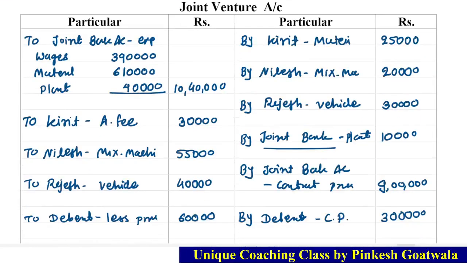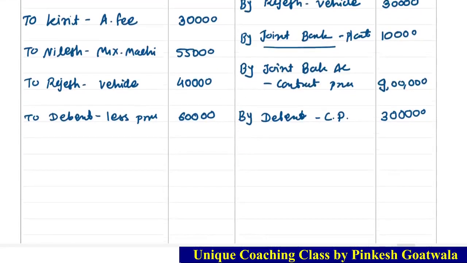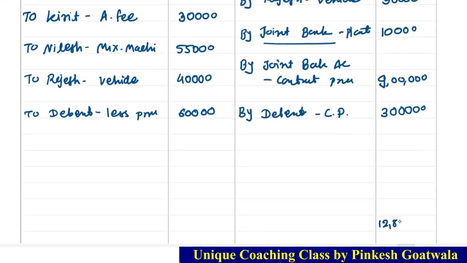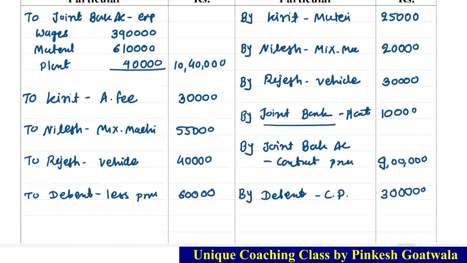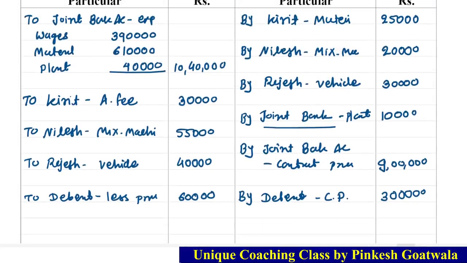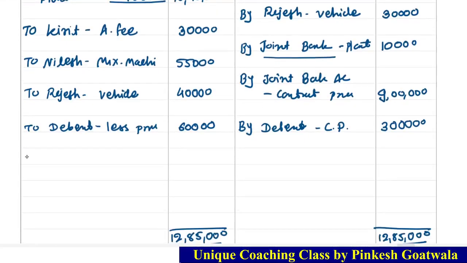So let's close this joint venture: 25, 20, 30, 10, 9 lakh, 3 lakhs, 12 lakh 85,000 total, 1285. Less all this amount 10, 40, 30, 55, 40 and 60. 60,000 is the difference. So it will be profit.